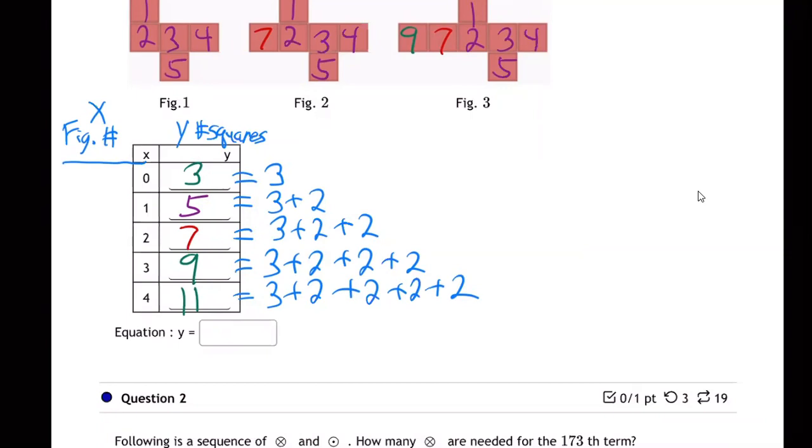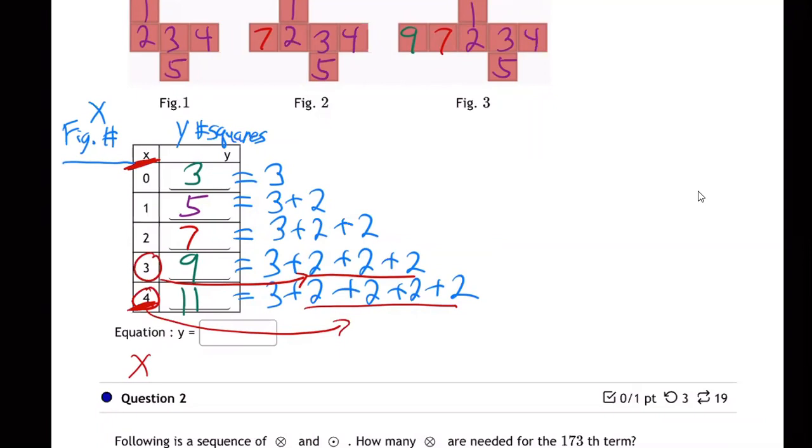We want to make a connection between the X number and the pattern. So, do you see it? So when X is 4, we have 4 2s. When X is 3, we have 3 2s. And then a 3 at the front as well, of course.